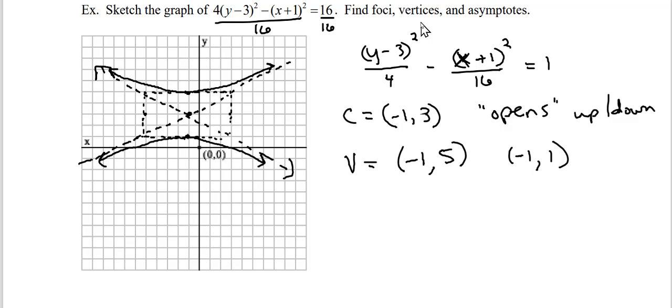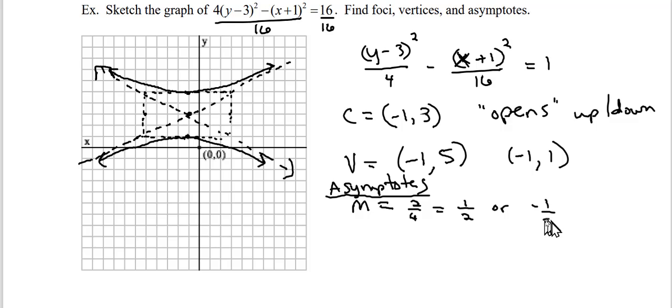While we're talking about the asymptotes, let's find the equation of them. We need the slope to be able to write the equation, right? Rise 2, run 4, or 1/2. Rise 2, run negative 4, so it'll be negative 1/2, right?